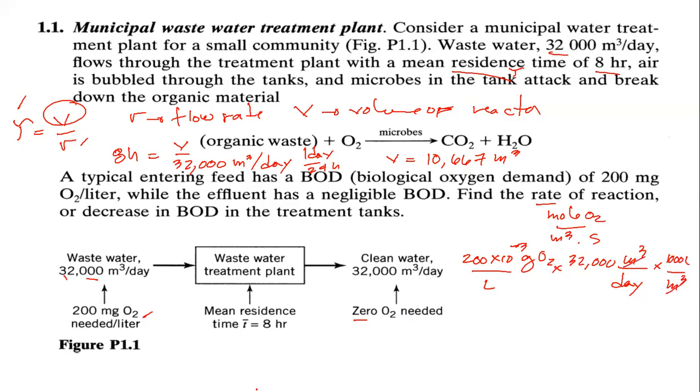Now we have gram of oxygen per day. Convert day to second: 1 day is 24 hours, 1 hour is 3,600 seconds. So now it is grams per second.